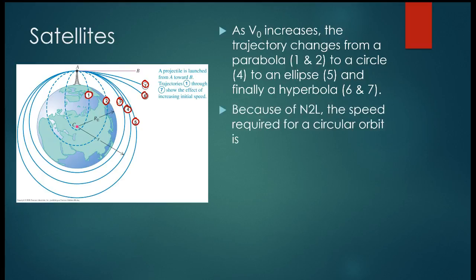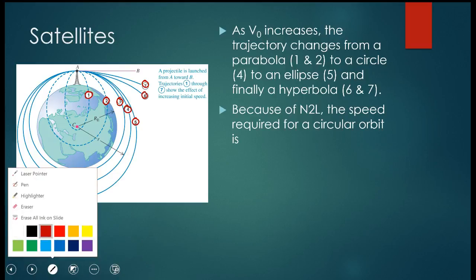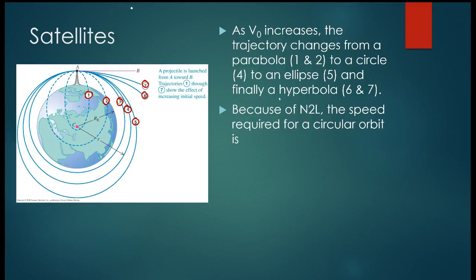Okay, now because of Newton's second law, we can calculate the speed required for a circular orbit. And the way that we do this is we say that the force of gravity is responsible for the centripetal motion. And so therefore G, mass of the Earth, mass of the satellite, over r squared is equal to m v squared over r.